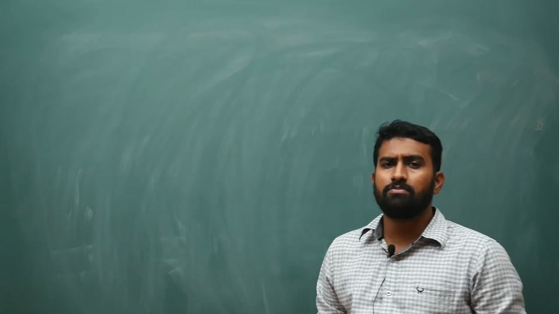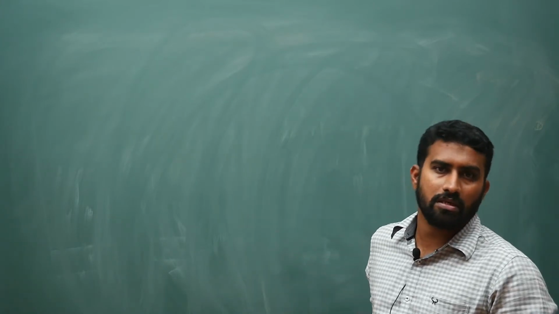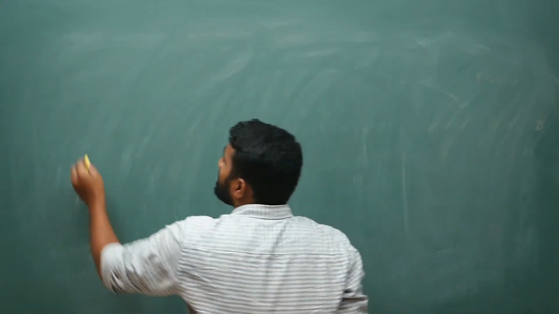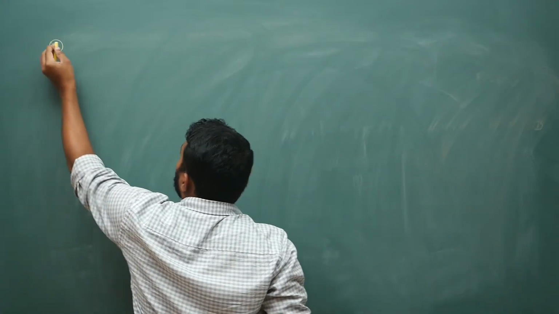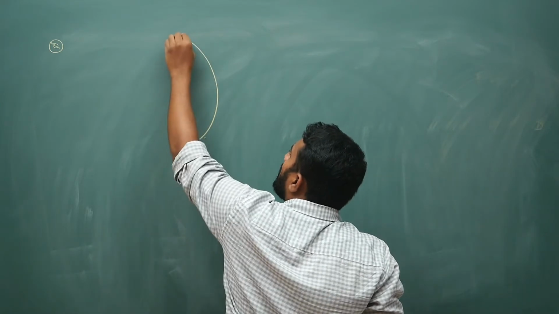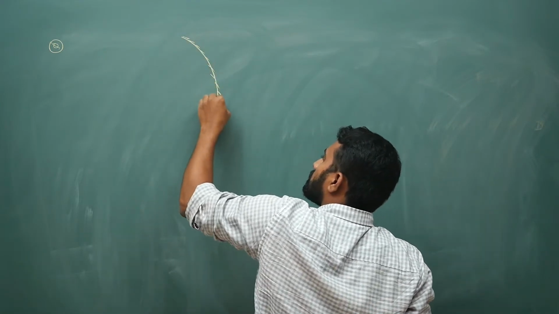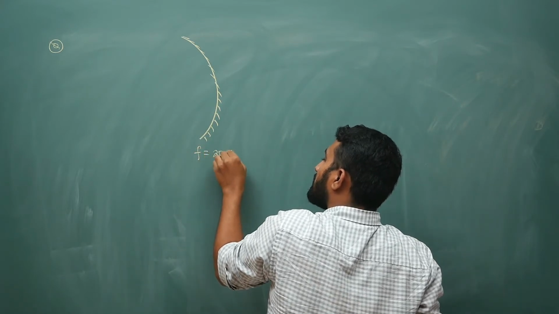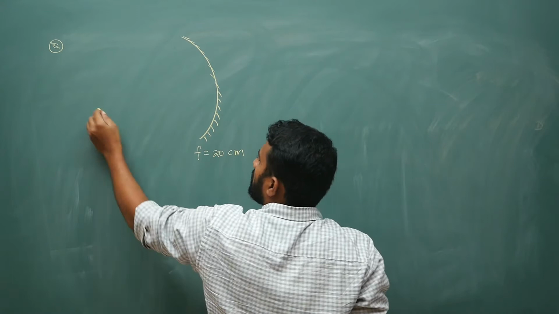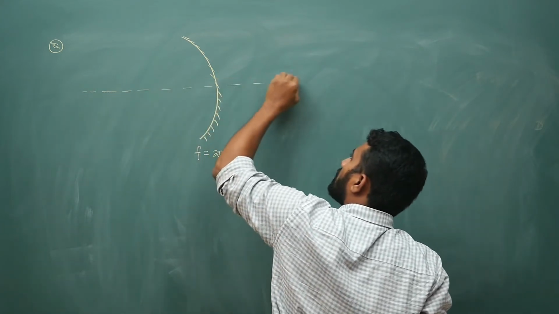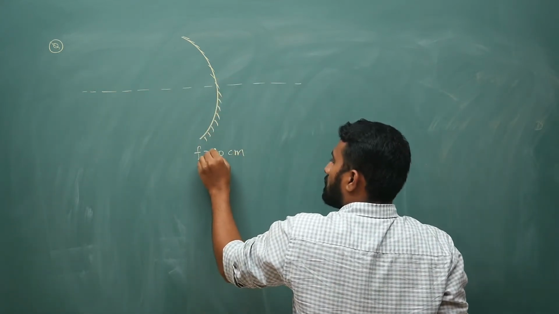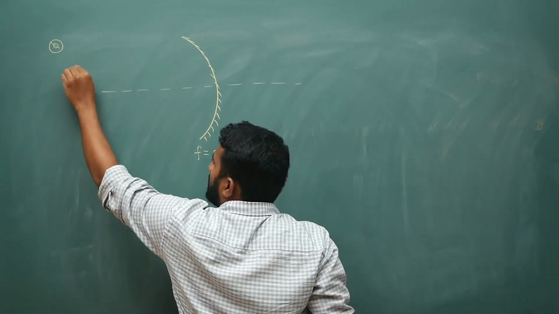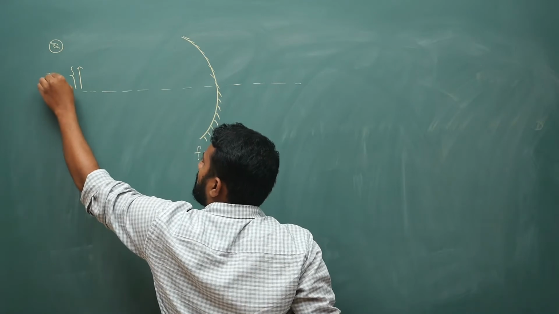Now let us do some simple questions based on this formula for clarity. Let us say you have a concave mirror whose focal length is 20 centimeter. An object of height 3 millimeter.